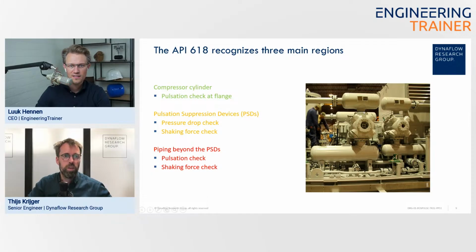And then on top and below, you have the discharge and the suction sides. Yeah. And you see these large volumes, these large bottles. And those are typically used to dampen the pulsations that are produced. So by allowing your flow to go through a larger volume, you dampen the level of the pressure pulsations.